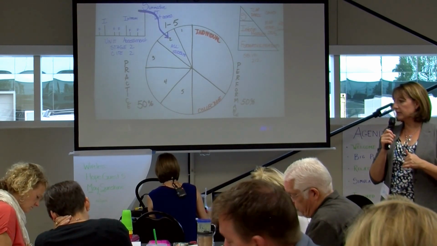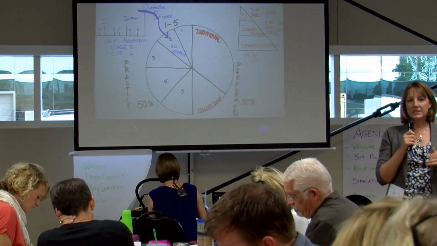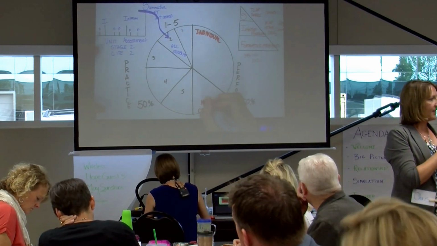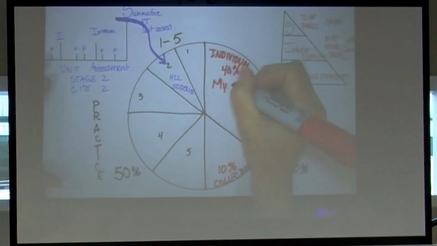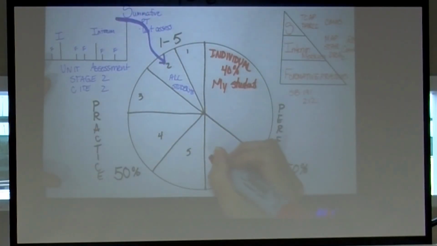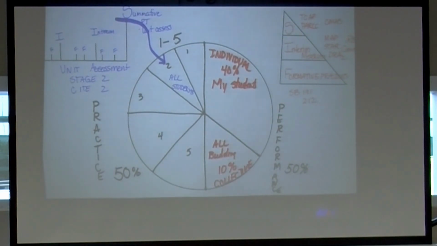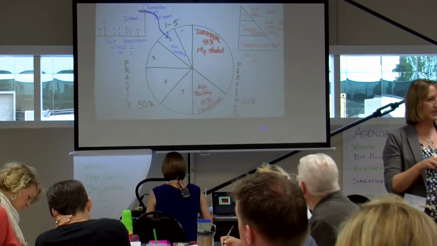Then there is a collective attribution, which is 10% of the pie. That is, we are a school building, and as a building, we're responsible for all the kiddos that walk through our doors. So the collective is all of our kids. That's 10% of the entire pie.